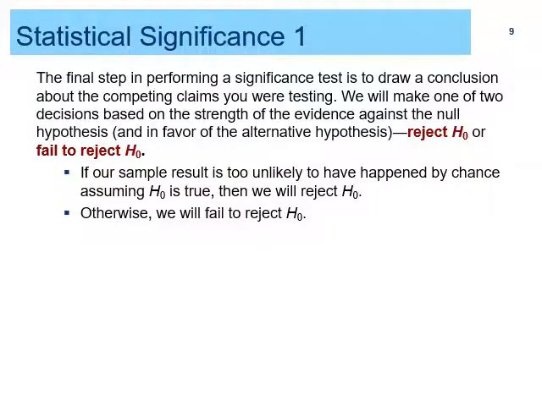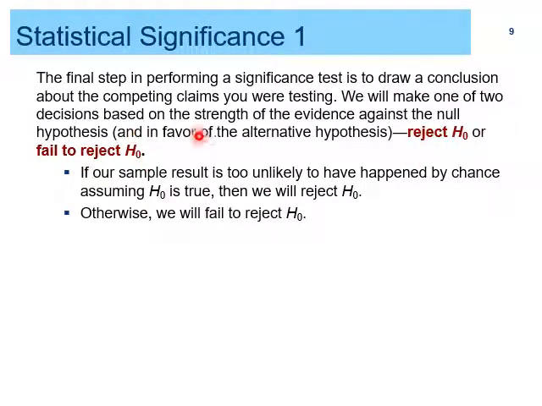The final step in performing a significance test is to draw a conclusion about the competing claims you were testing. We will make one of two decisions based on the strength of the evidence against the null hypothesis and in favor of the alternative hypothesis. We say either reject the null hypothesis or fail to reject the null hypothesis.